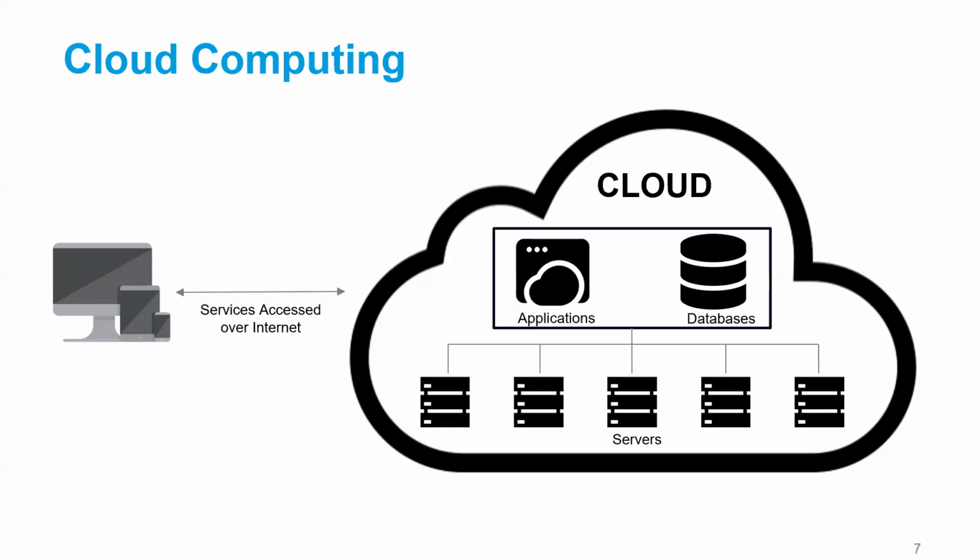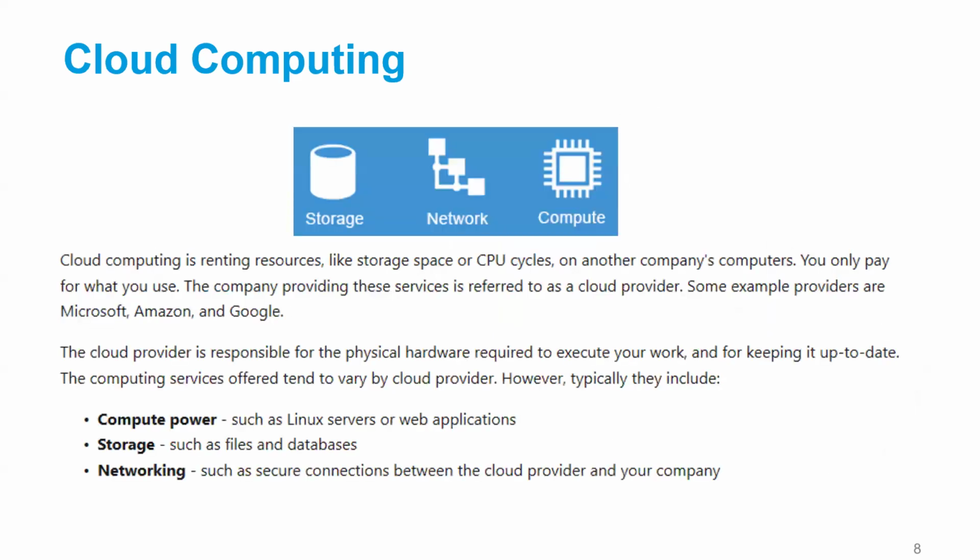All right. So cloud computing is nothing but whenever you access services over the internet, we call it cloud computing. Okay, so what are the things that we have in cloud computing? First is storage. You can purchase storage space.